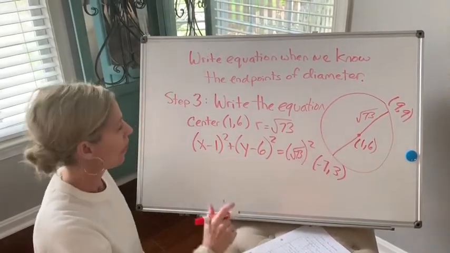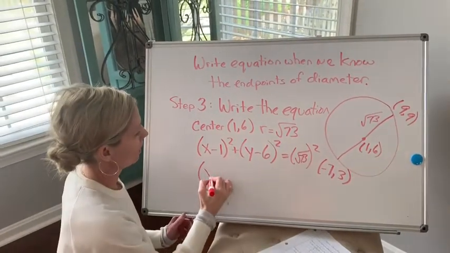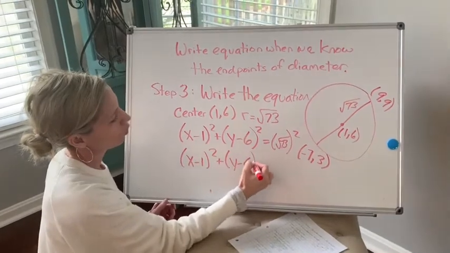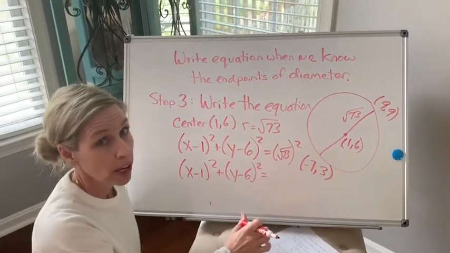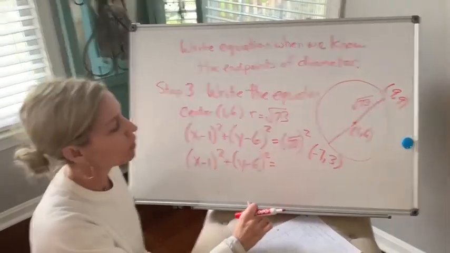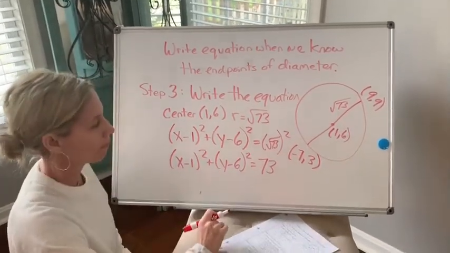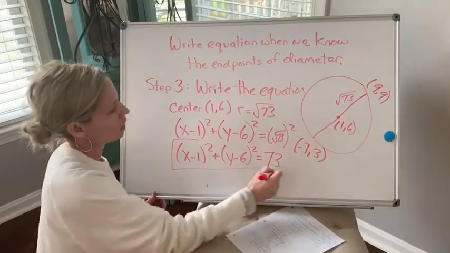So let's simplify. This is going to stay the same: (x minus 1) squared plus (y minus 6) squared. And then if we square the square root of a number, we just get that number. So our answer here would be 73. This is our final answer to this problem.